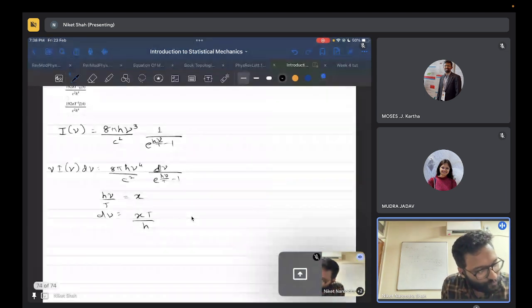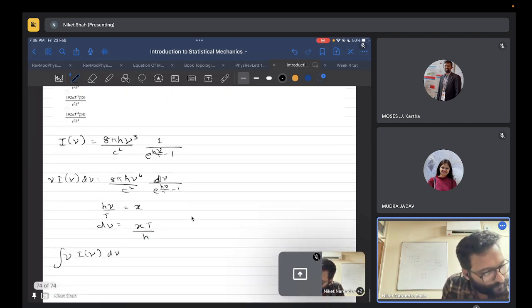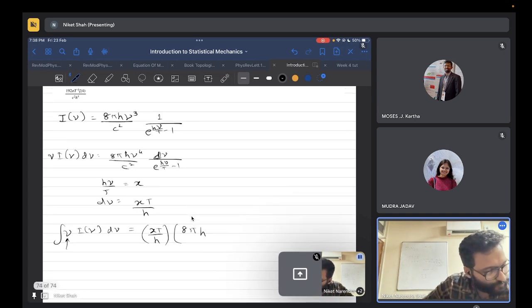Okay. So nu I of nu d nu, this integral, that's what we want to evaluate, right? This integral becomes what? x T by h comes from this nu. I nu has 8 pi h nu raised to the power of 4.